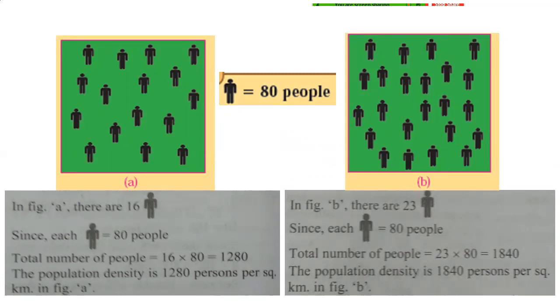Now, in order to get the total number of people in this 1 square kilometer, we multiply 16 by 80, which gives us 1,280 people, which means there are 1,280 persons per square kilometer in figure A. In this manner, you can also calculate the density of population in figure B.